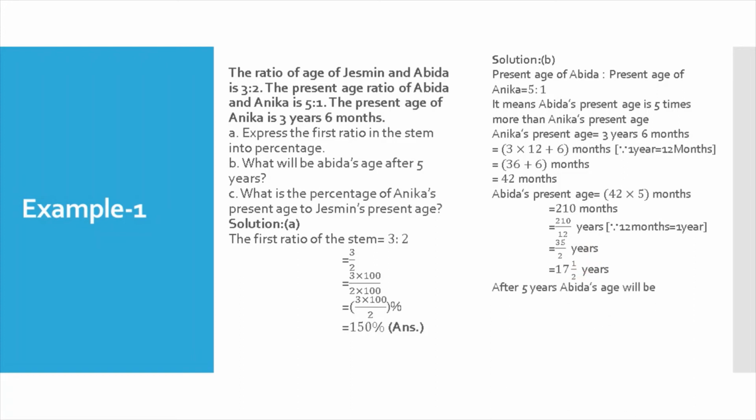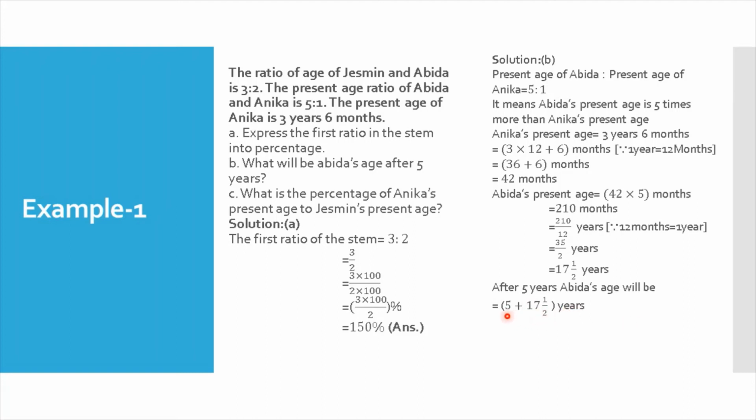We have to find Abida's age after 5 years, because the question asks what will be Abida's age after 5 years. So after 5 years Abida's age will be, obviously, 5 plus 17 and a half years.